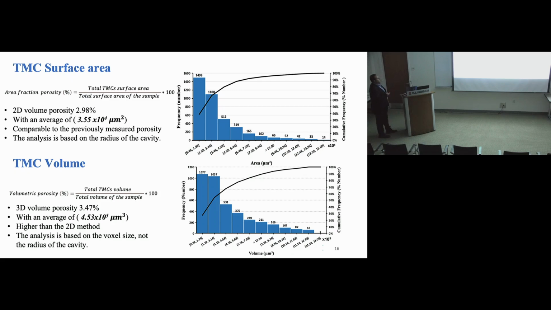But when we did the volumetric porosity, using 3D instead of 2D, we started to see something different: the porosity increased. The literature says 3D is more accurate than 2D, because in 2D the software is only measuring the radius of the particles analyzed, and this radius could be anywhere.